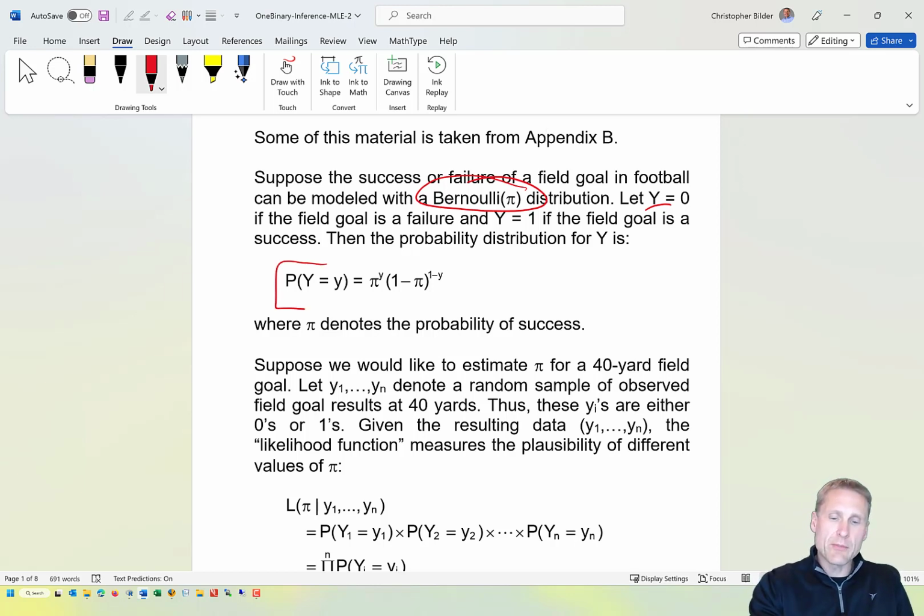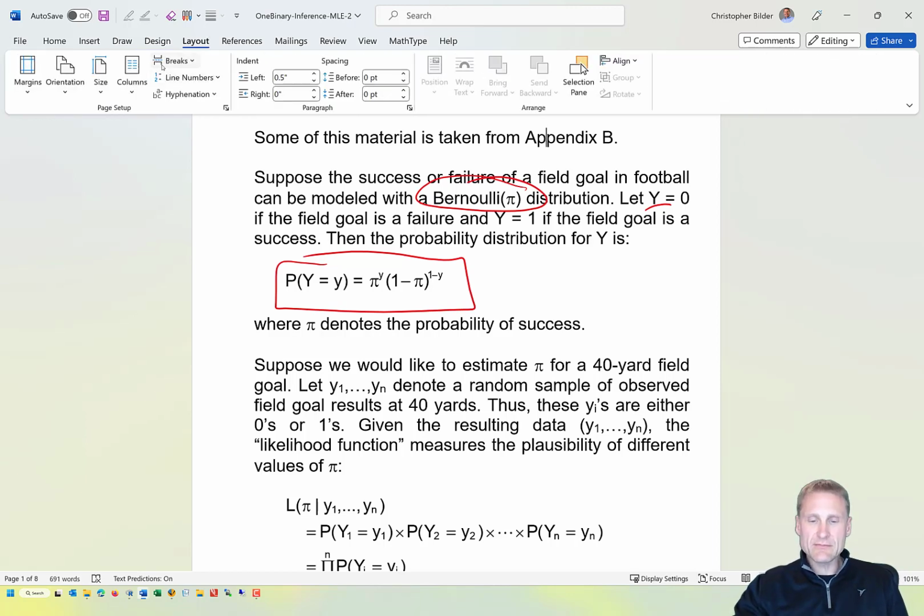Our probability mass function then looks like this. The probability Y is either equal to 0 or 1, which we just denote by a little y, is pi to the y times 1 minus pi raised to the 1 minus y power. Pi is that probability of success. This is what we're after. This is what we want to estimate, this pi.